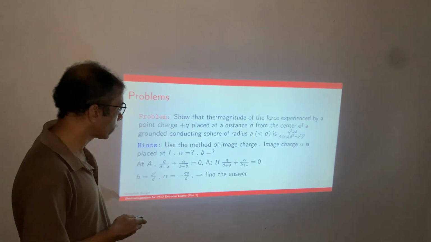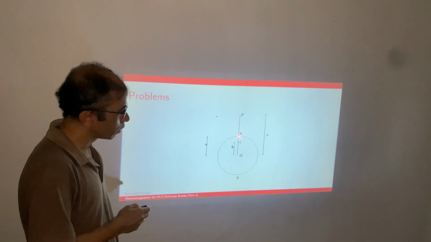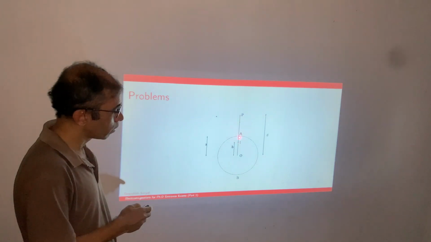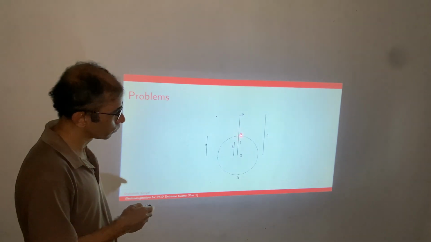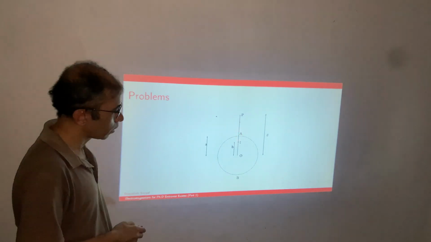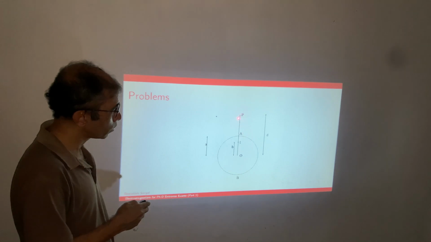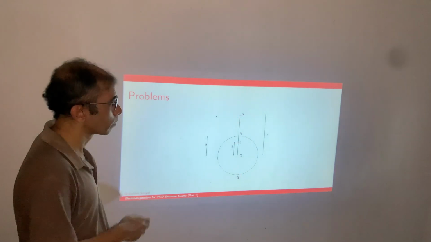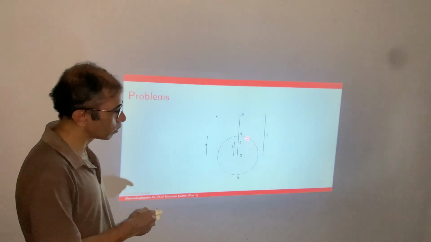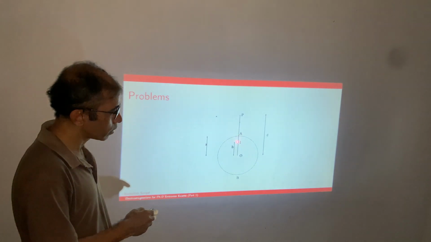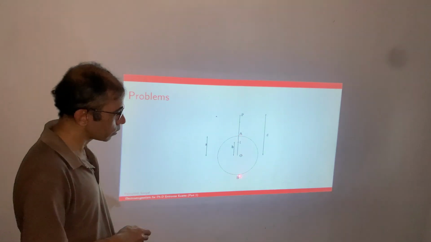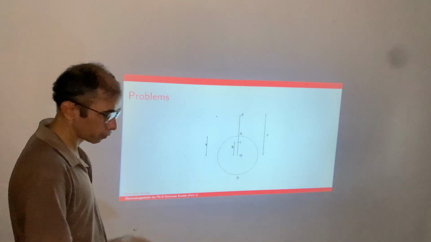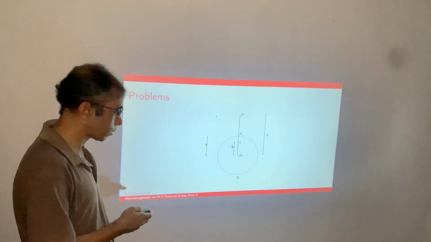So we say that the potential due to this charge and this charge will be 0 at this point A, and the potential due to this charge and this charge will be 0 at this point B. We don't have to worry about any other points, because if this is guaranteed and this is guaranteed, then the rest is also guaranteed.